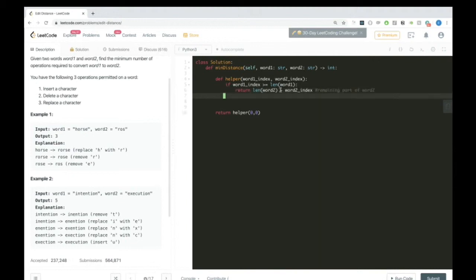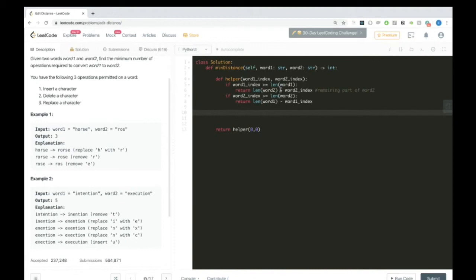By similarity, to finish up the base case, let's do the same thing: if our word2 index is greater than or equal to the length of word2, we should have similar logic where we return the length of word1 minus word1's index. So that would be our base case, and that would help us track and execute the recursion.